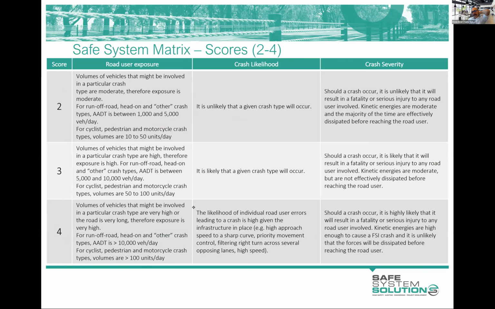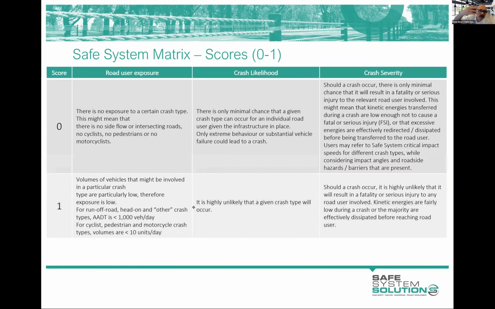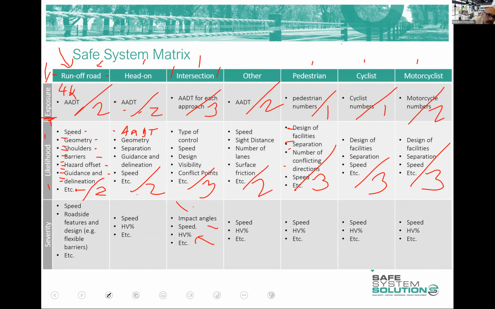And you do that for all of these. So maybe for your run off road, you're putting a 3. For your head on, you might put a 2, because we know run off road crashes are worse than head on crashes. Intersection, well, we might put a 4, because we're thinking right angle, speed well above 50.